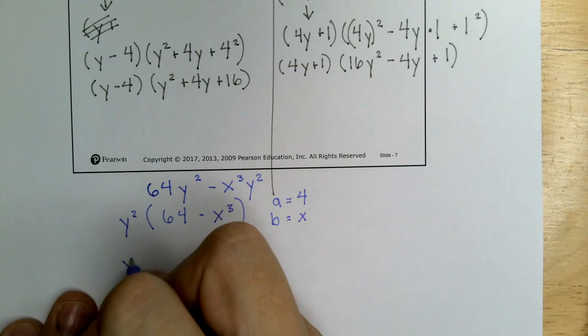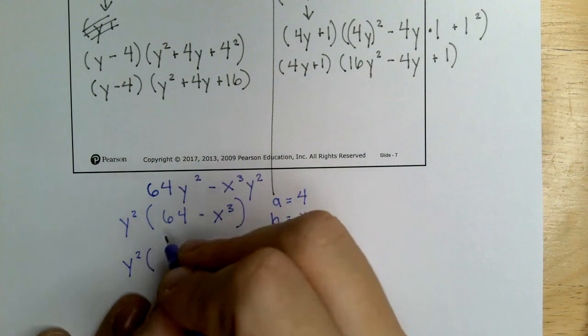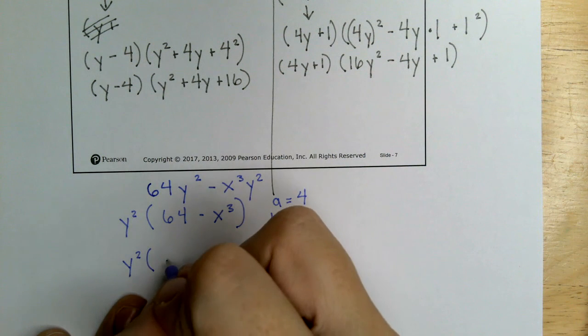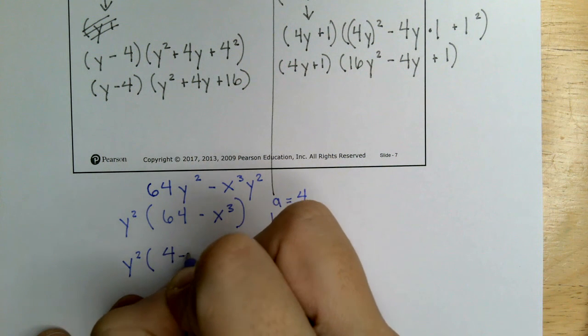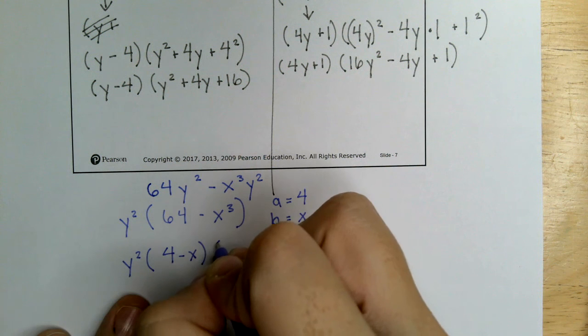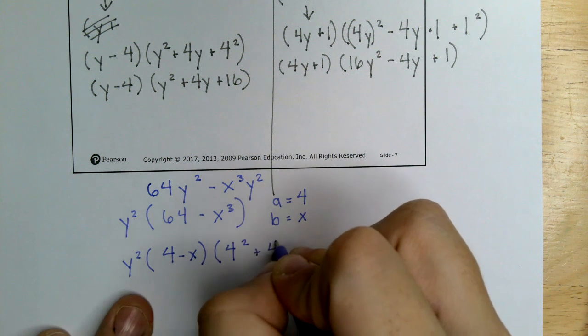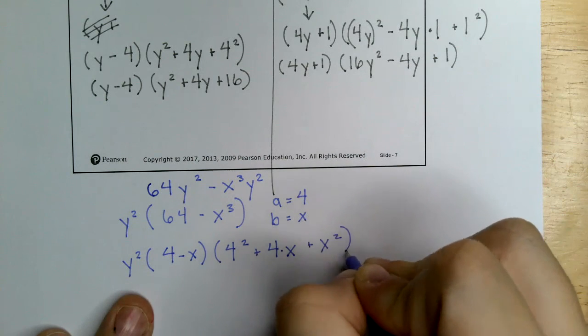So now I have y squared times, this is the minus. So a cubed minus b cubed becomes a minus b, 4 minus x, times 4 squared plus 4 times x plus x squared.